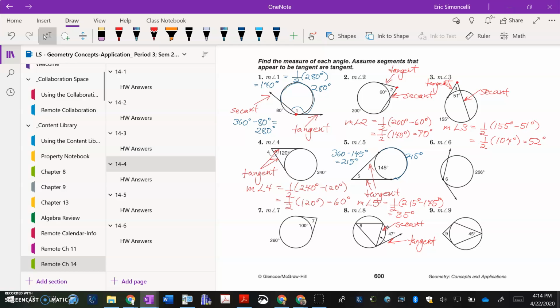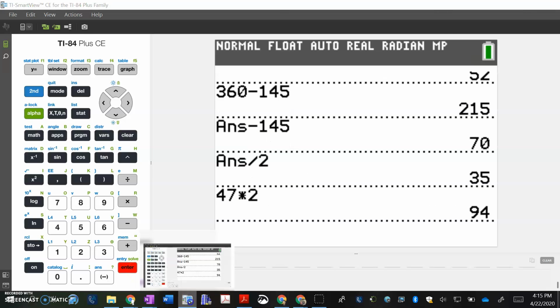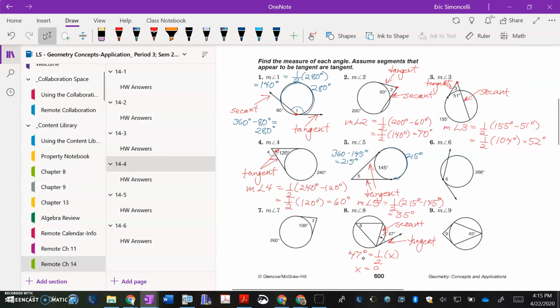Back to number 1, angle 1 was equal to 1/2 of 280 degrees. In this case, we have 47 already as provided. We don't know the arc, which I'm going to label right here as x. So half of x is equal to 47. If we multiply 47 times 2, that leads to 94 degrees. So x is 94 degrees.